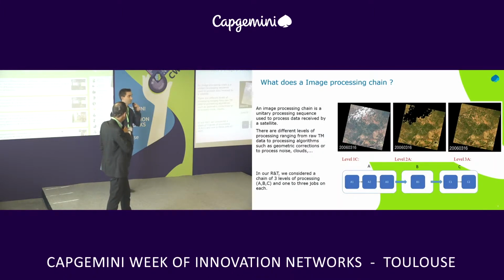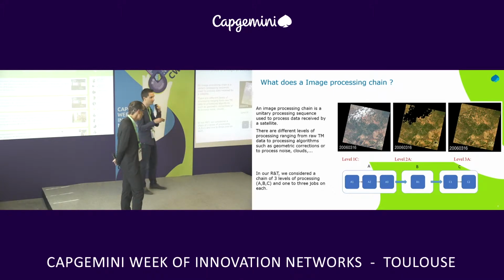The first thing to know is what an image processing chain is. Basically it's a unitary processing sequence. We have data from a satellite that needs to be processed. In our study, we simplified it to 3 steps, A, B, C, and each of A, B, or C is composed of 1 to 3 jobs.